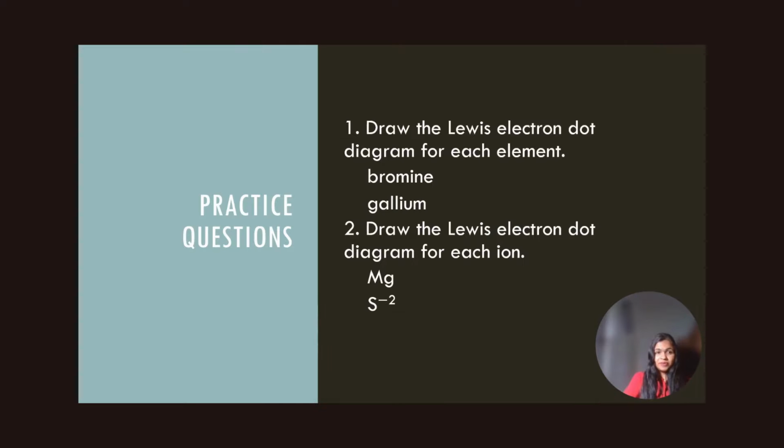All right, guys, we have been talking about and practicing. Now it's time for you to practice. As I've been reminding you, get your writing utensils ready. Maybe a piece of paper, maybe a tablet, or maybe a notebook. So go ahead and practice these Lewis dot diagrams for each element: bromine, gallium, and then also try the other two, magnesium and the sulfide ion.